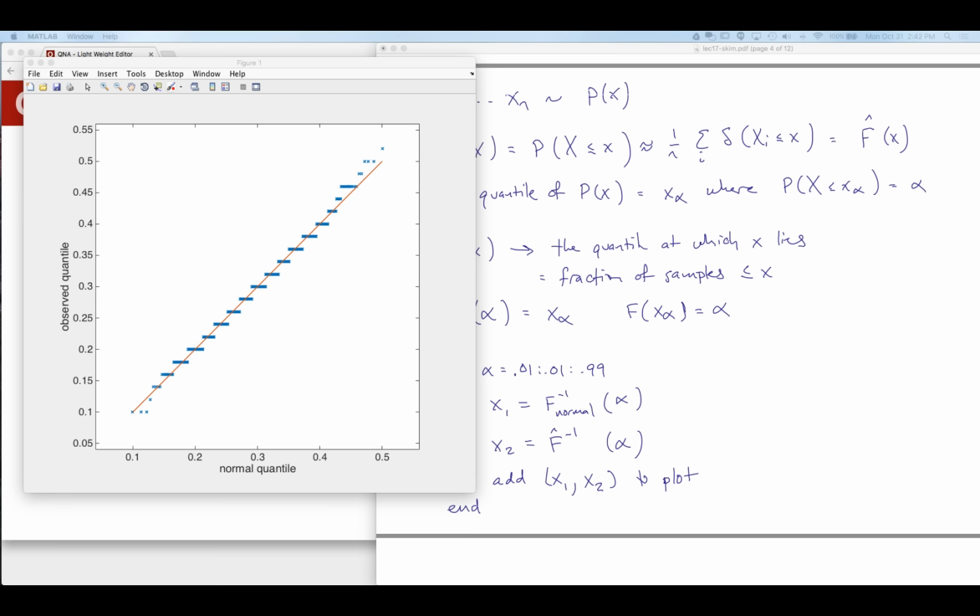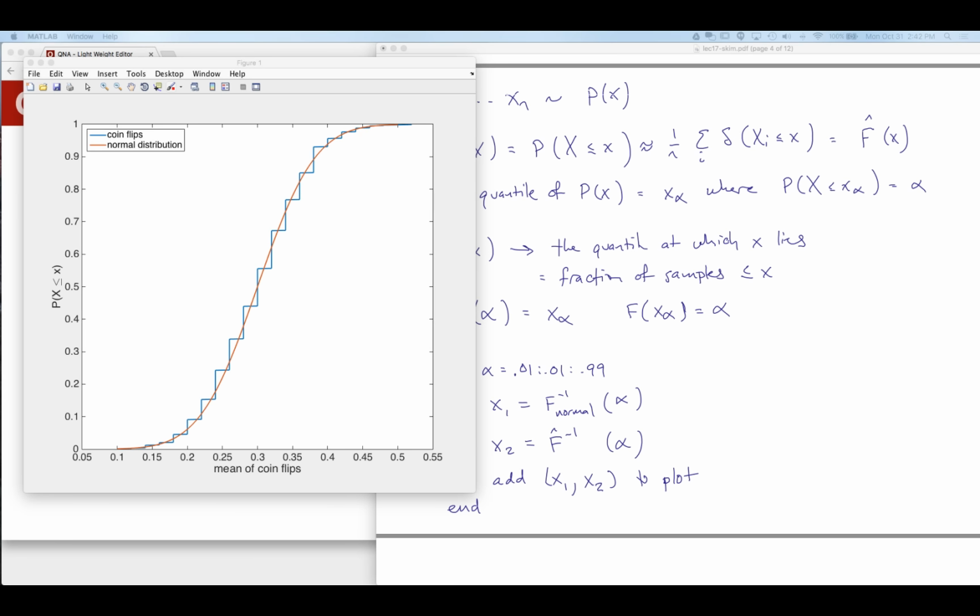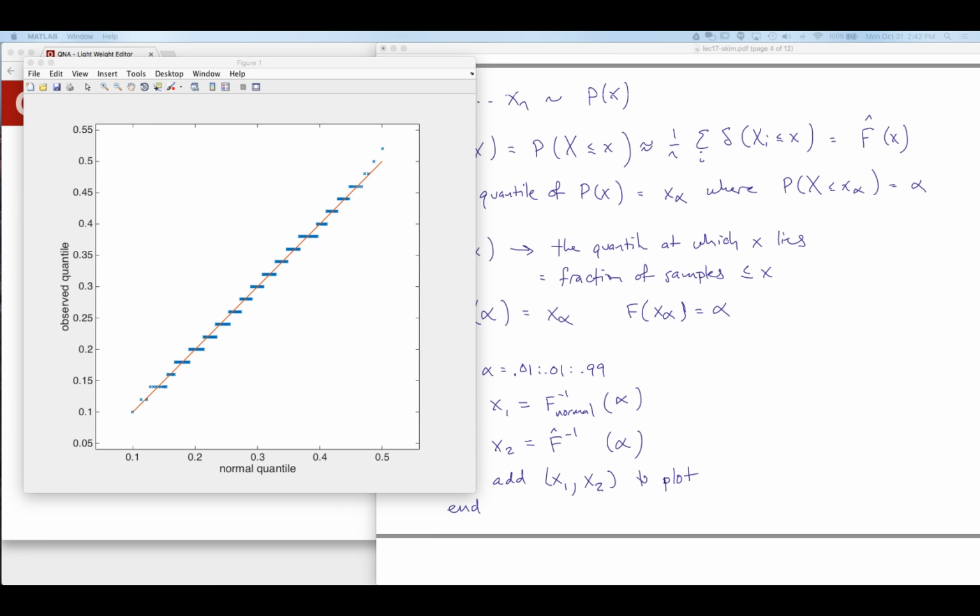And if I generate another sample, here's another sample, right? And I can keep generating more samples, and you can see that this distribution lines up fairly well.